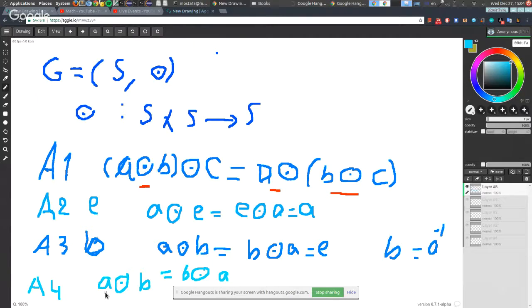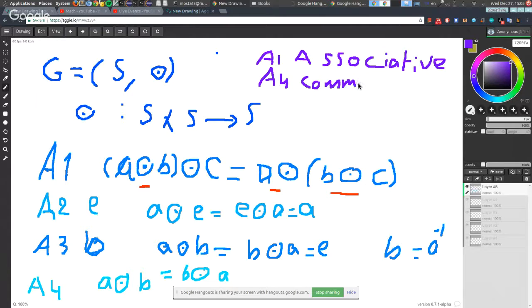So A operator B is the same as B operator A. The first is called associative, this is A1, and the A4 is commutative. So as we said, the group that has the fourth axiom is called the abelian group.